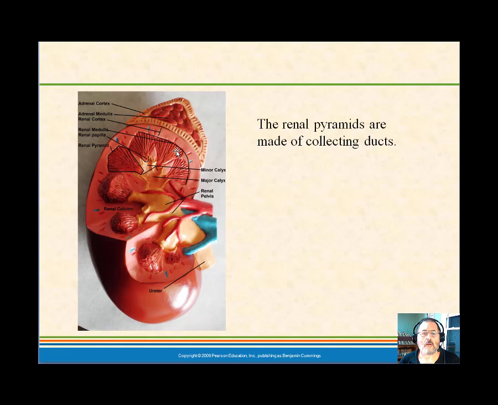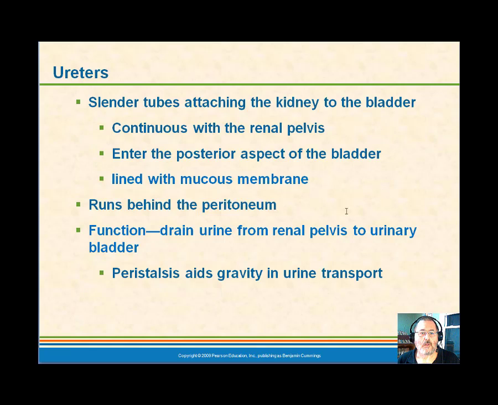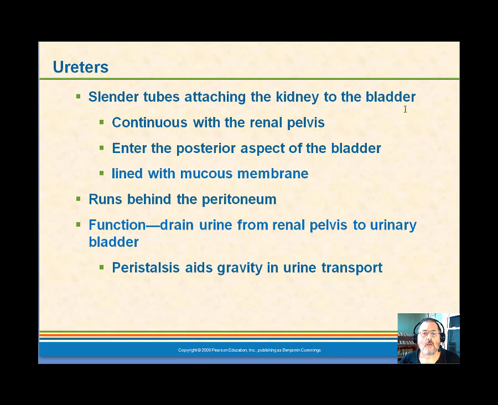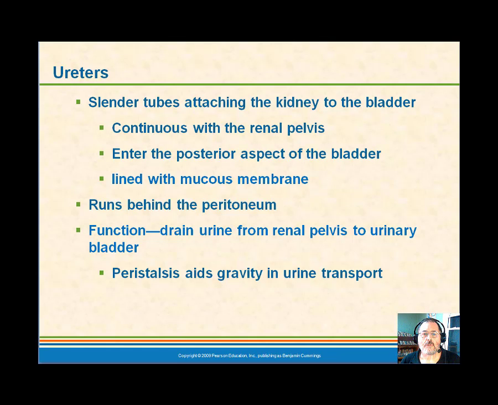Now, all of this feeds ultimately into the collecting ducts, which are located again in the renal pyramids. The collecting ducts lead to the ureters, which are slender tubules attached to the kidney and to the bladder, and they are continuous with the renal pelvis.